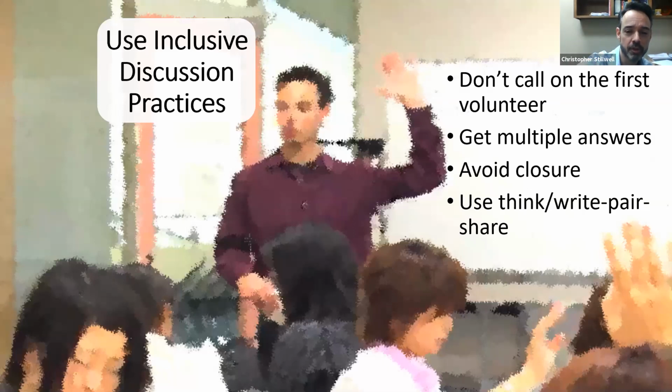Now, this is one of my favorite points because it's really good for working with other teachers, but it's also really good for our classroom. When we lead discussions in our classroom, there are some techniques that help us make sure that all students are able to participate, right? When we are teaching, we might find that there's 1 or 2 students who always have their hand up and they're always ready to answer a question.